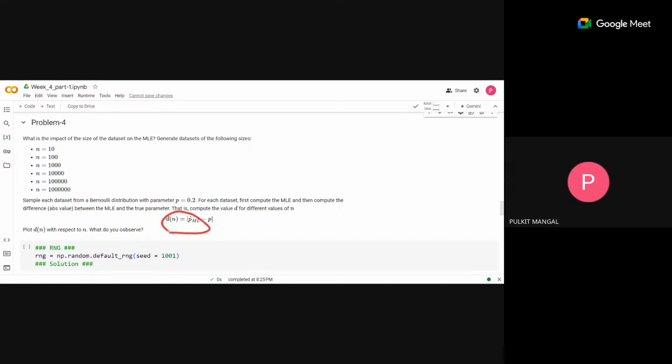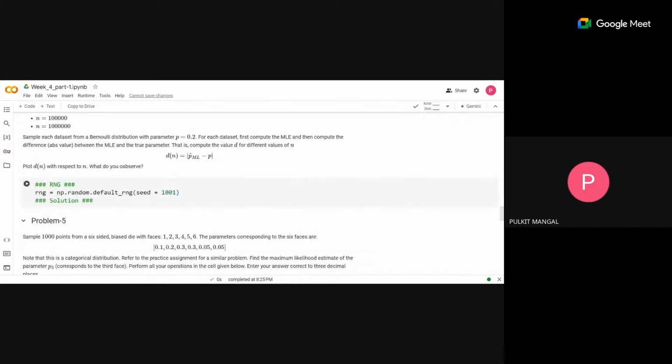What will this value reach? Basically we will get closer and closer to the original mean. So when you sample more and more data points, this difference will keep decreasing.